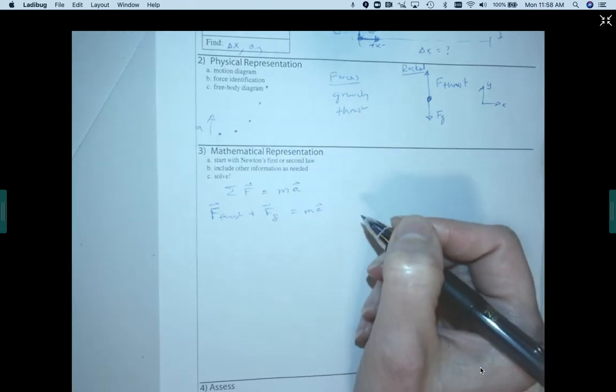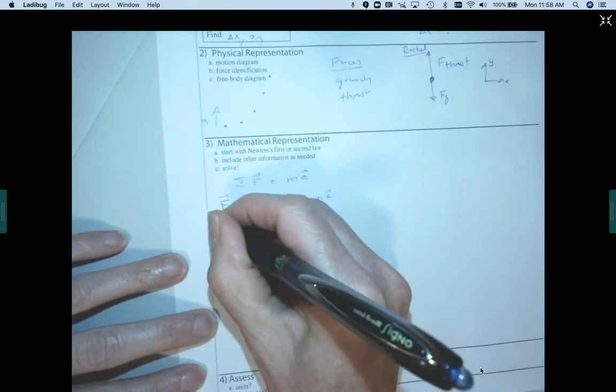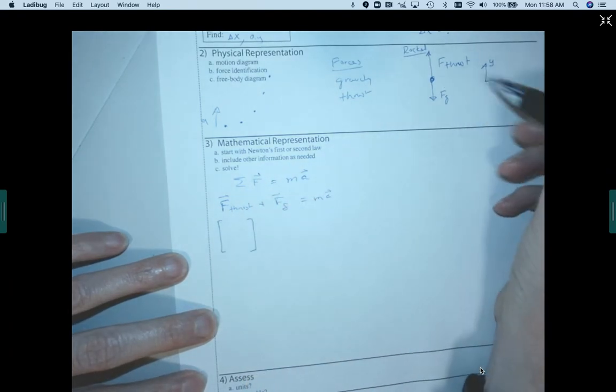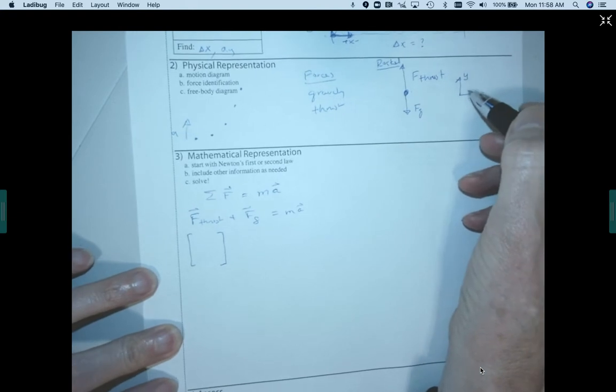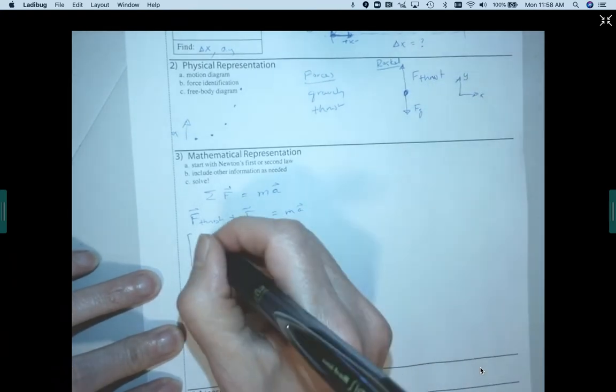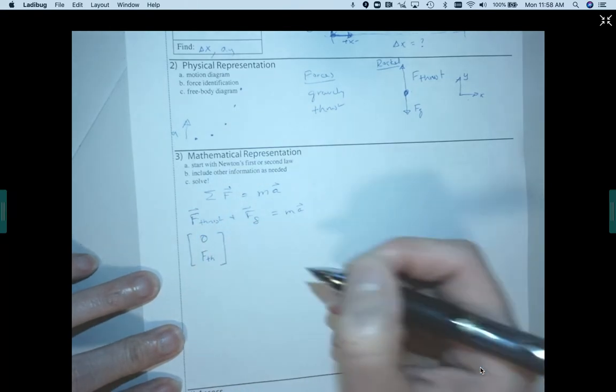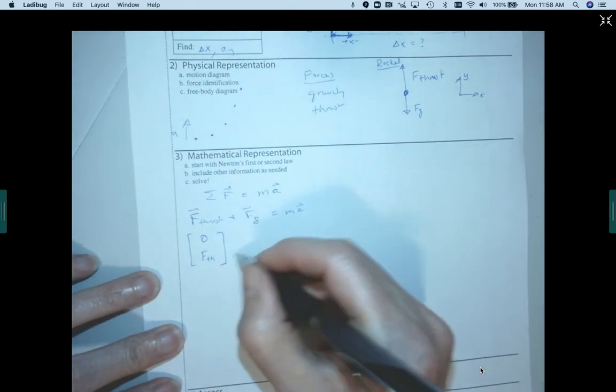And now we can break them into our column vectors. My thrust, if I look at my coordinate axis here, y is positive in the upward direction, so there's 0 component in the x direction, and there is positive in the y. I'm just going to write it as Th.